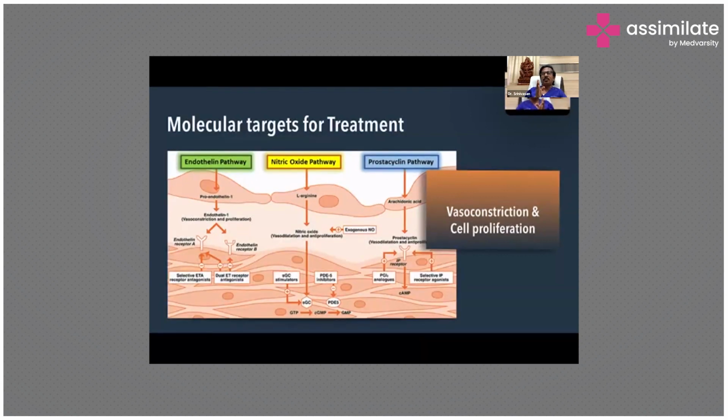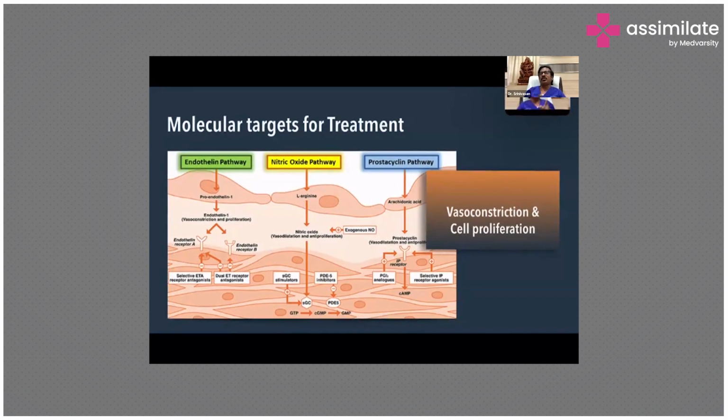Coming to the nitric oxide pathway, it is helpful because it has a vasodilatory property and an anti-proliferative property. In patients with pulmonary hypertension, this pathway is at fault. So they don't have a sufficient amount of nitric oxide, and the beneficial effect of vasodilation is not there.